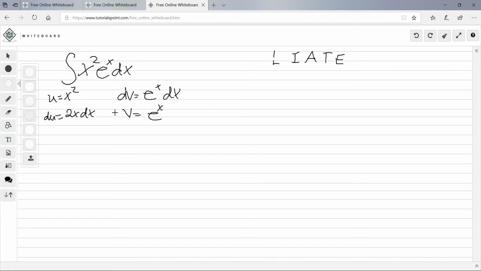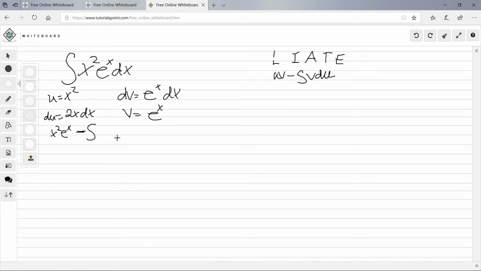Yep, e to the x. And I am looking at this, and I think we're going to have to use integration by parts twice, because let's use the formula. So the formula is uv minus the integral of v du. So our uv is x squared times e to the x minus the integral of v du.